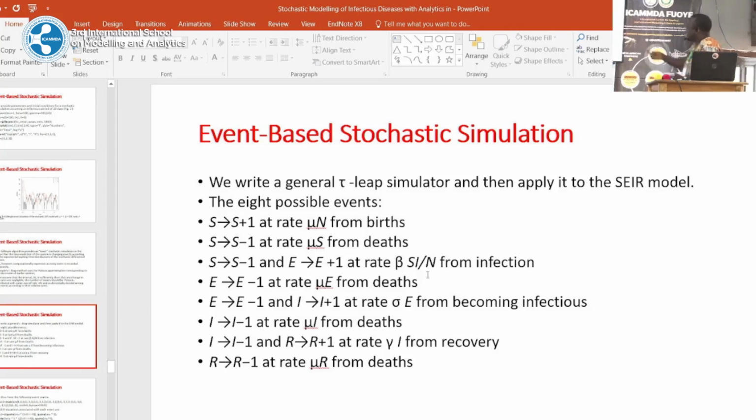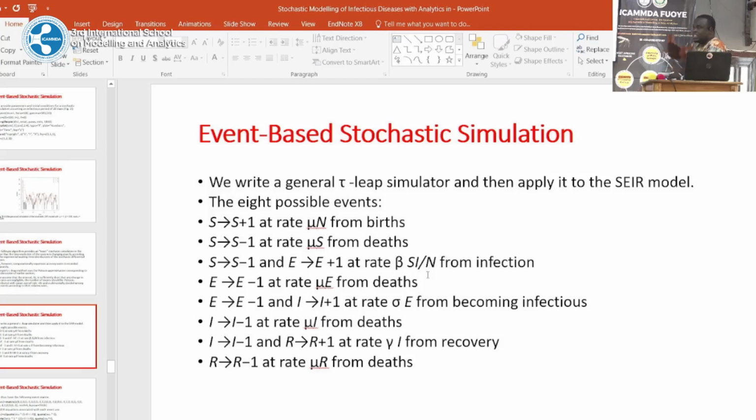In the first case, we have the rate mu N, which is the birth, and then we still have the natural death rate, the rate at which people die, and then we also have X minus 1 and E plus 1. The X minus 1 has to do with transmission, the rate at which people are getting infected.